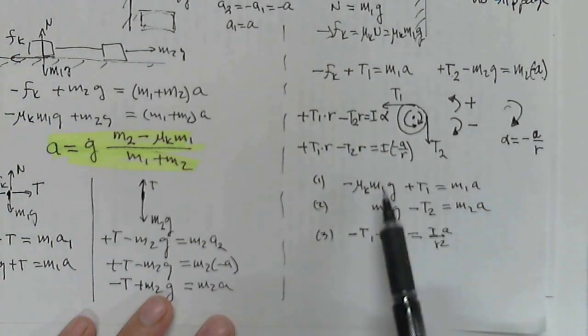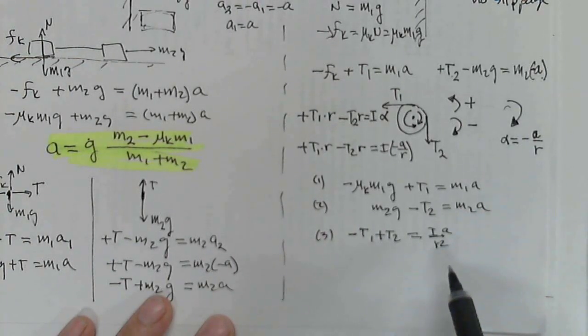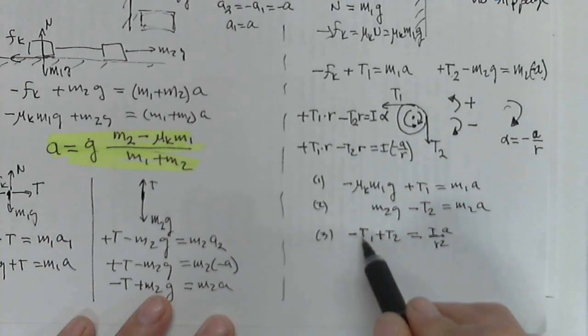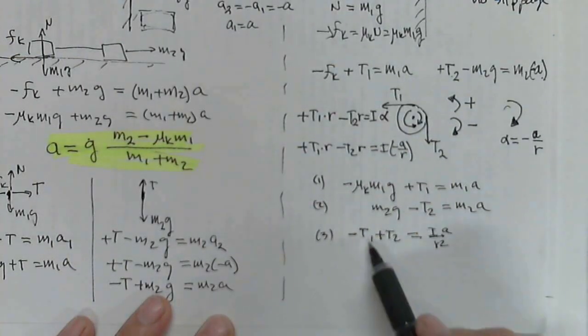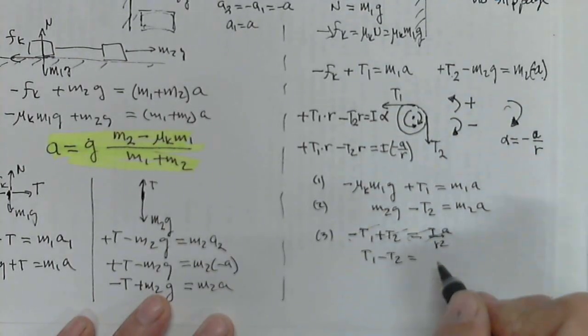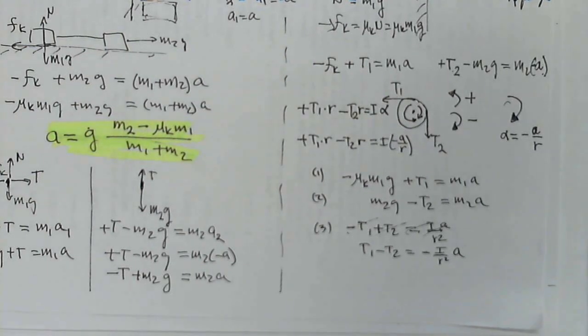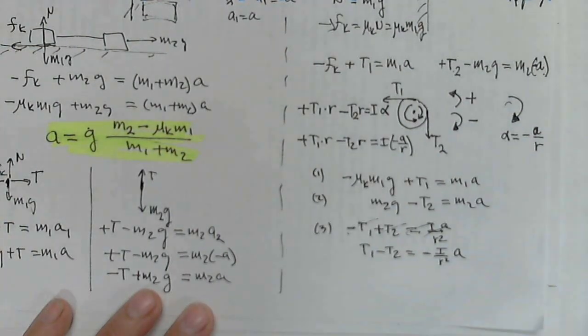But because I'm adding these two, 1 and 2, I will write 3 like it is over here. T1 minus T2 equals negative I over R squared times acceleration. Alright, so now I'm going to add 1 and 2.